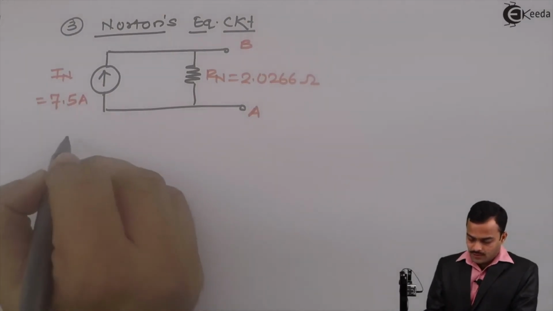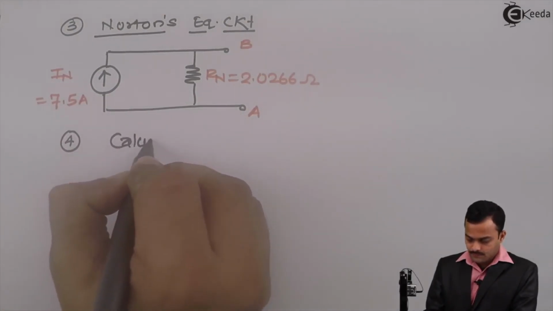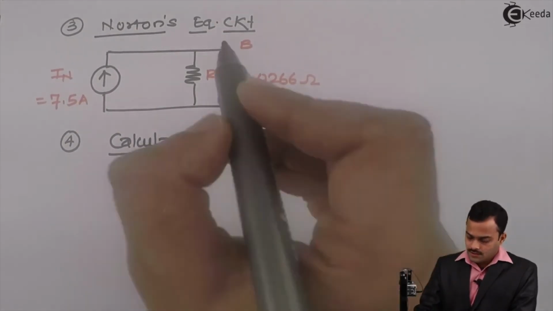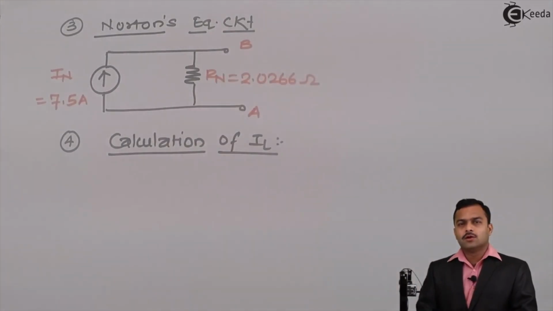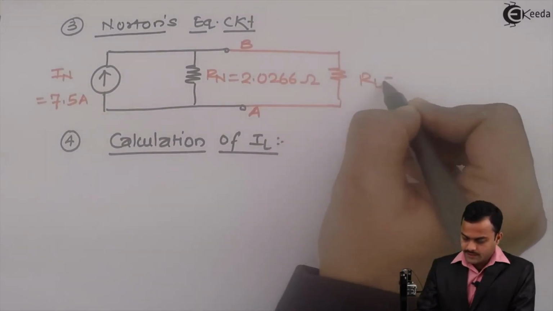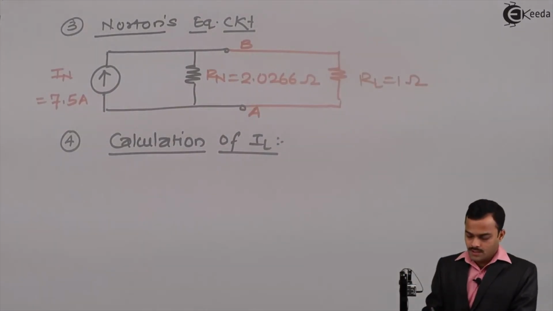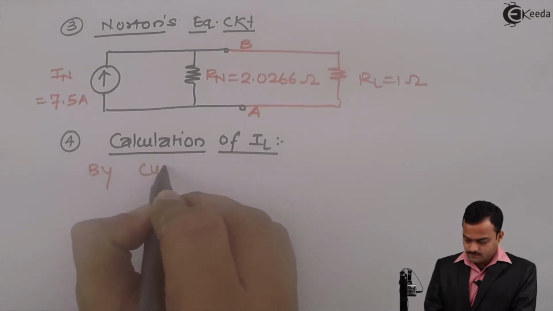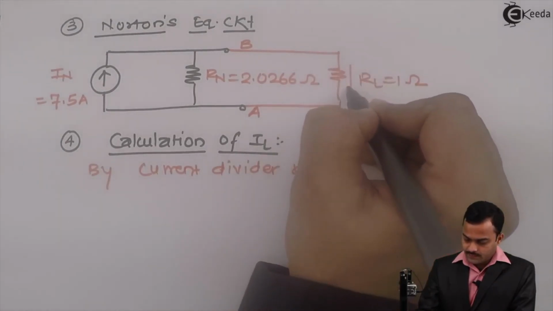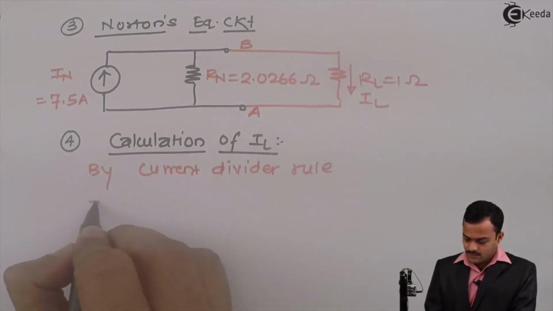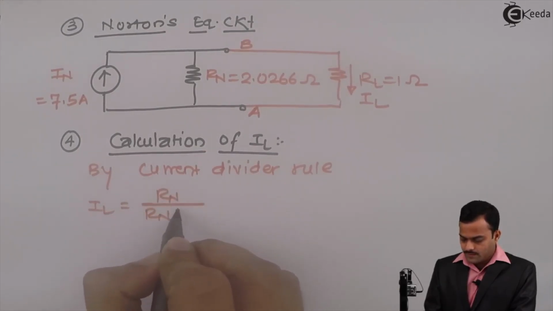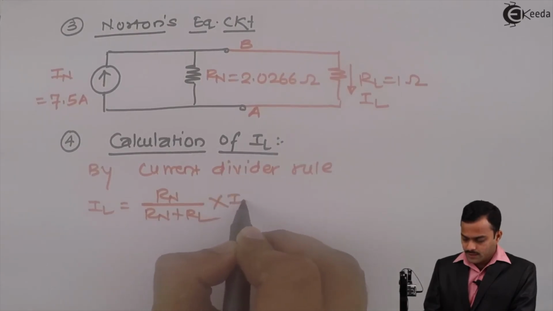Last step, calculation of IL. For this, we need to connect the load resistance to Norton's equivalent circuit. So I am connecting that RL equal to 1 ohm, and by the current divider rule, I will get the current flowing through this load resistance IL equal to Rn divided by Rn plus RL multiplied by IN.